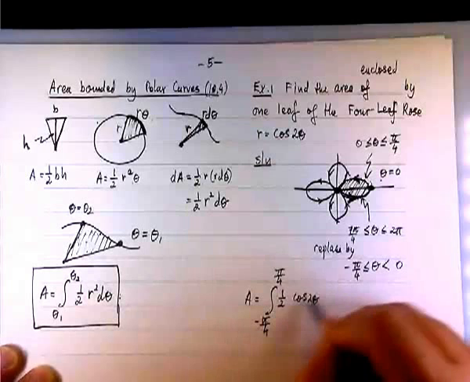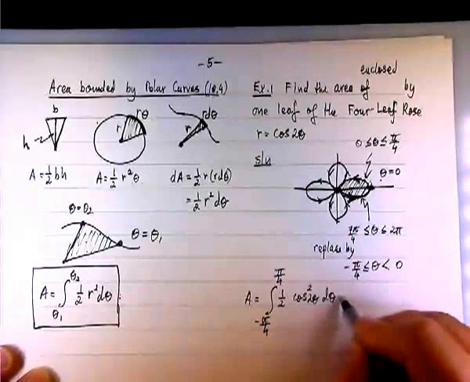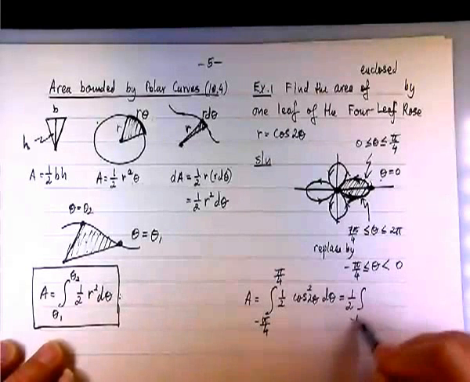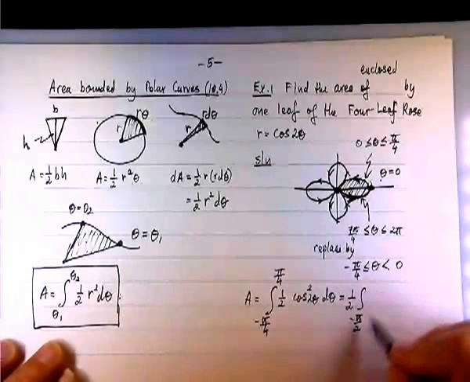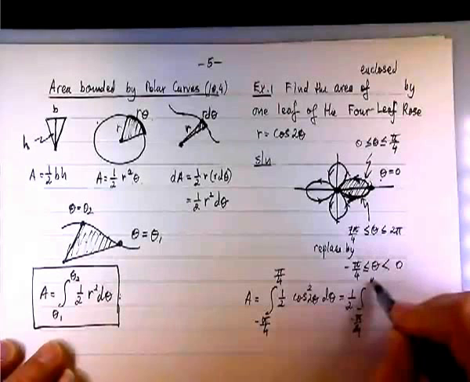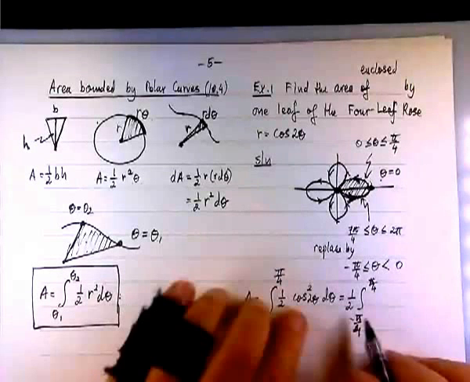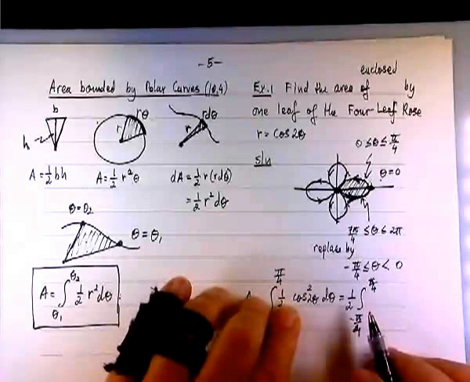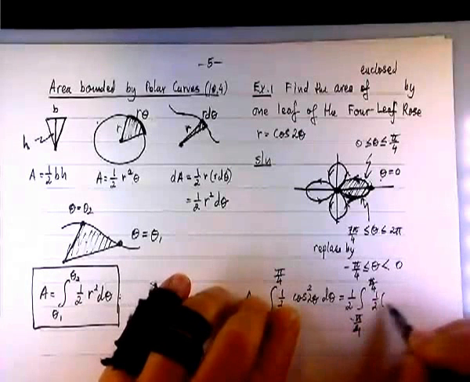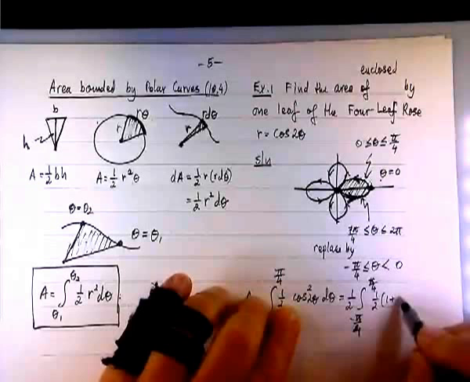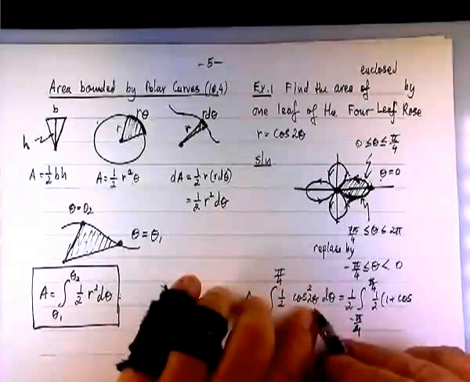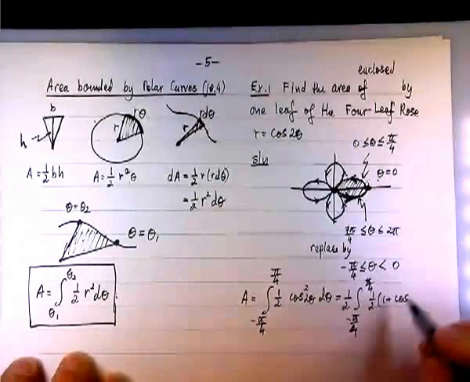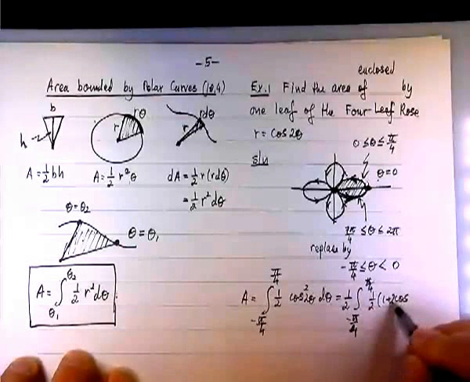R equals a cosine of 2 theta. So when I square it, I get cosine squared of 2 theta, d theta. And remember, let's pull the 1/2 outside the integral. And remember, what is the square? For the square, we use the double angle identity, and we get 1/2 times 1 plus cosine of twice of what we had before.